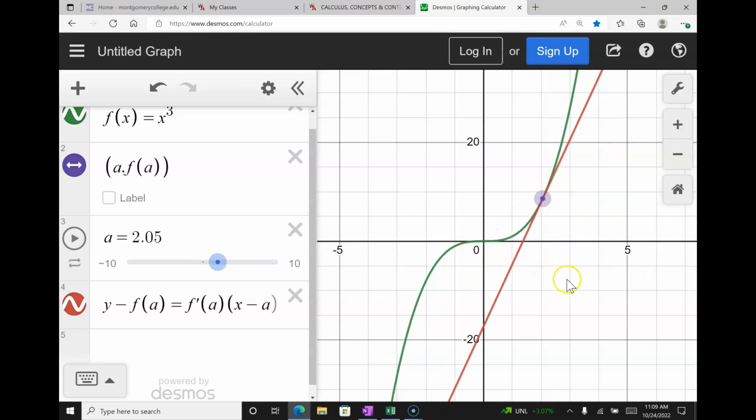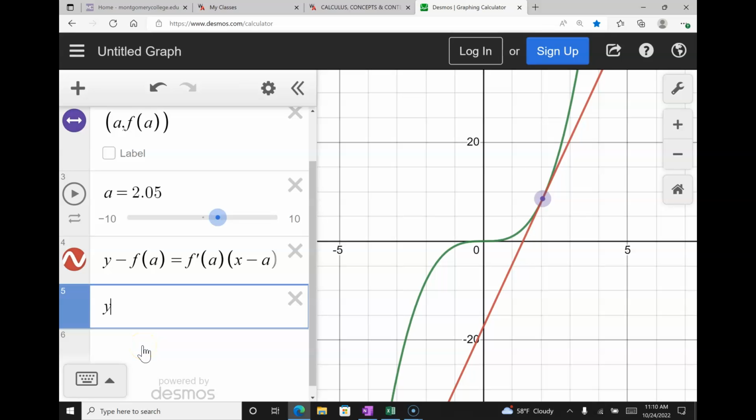Now, what does the derivative tell me about the tangent line? It tells me the slope. What part of the derivative tells me the slope? It's the height, exactly. The height of the derivative function tells me the slope. So I want to put my derivative function on my sketch as well.